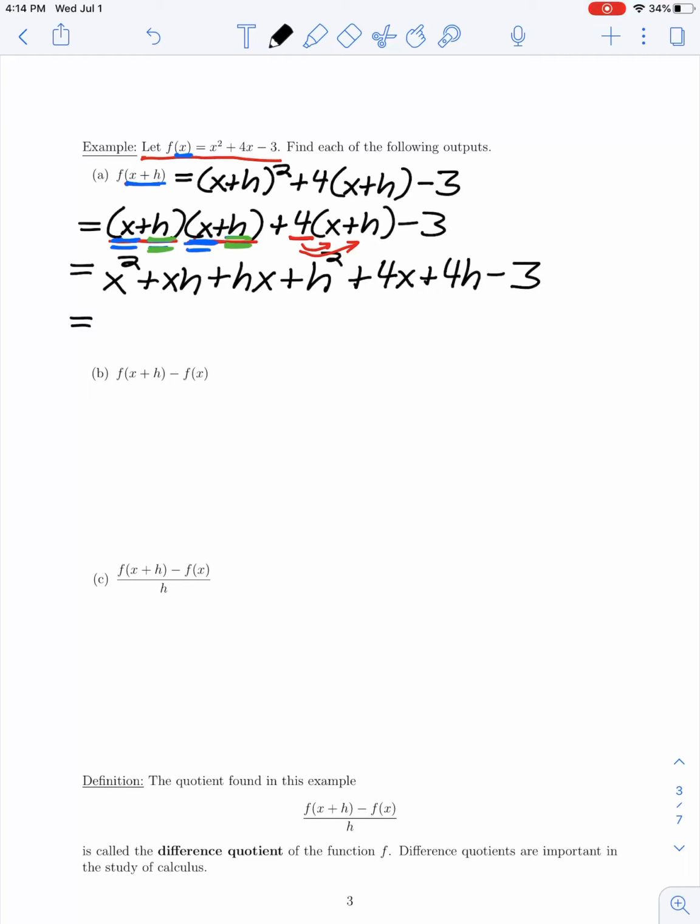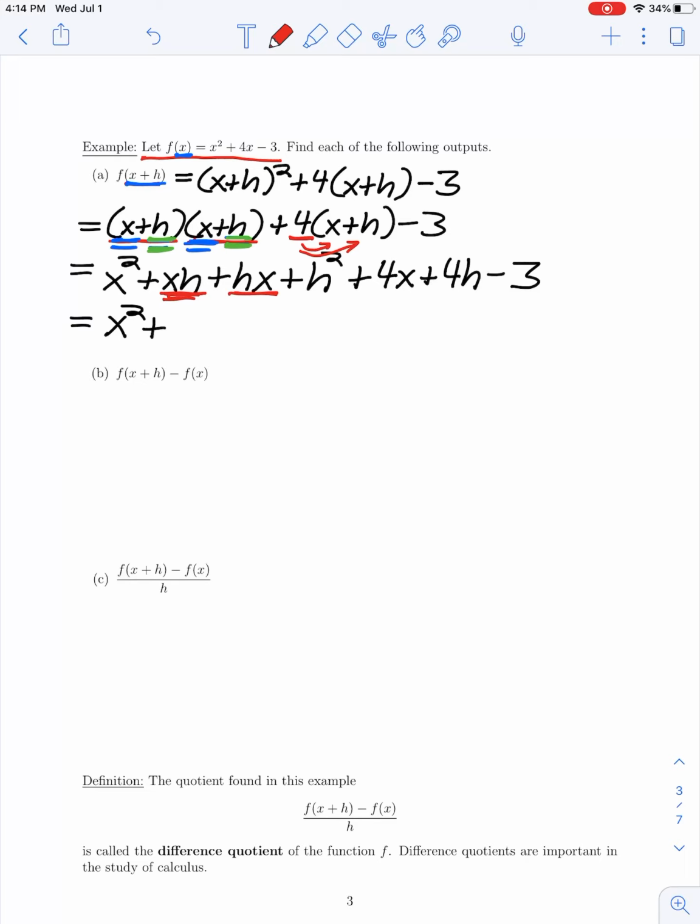So in our last step here, let's keep combining like terms. So we have an x squared plus, now let's look at these next two terms. We have x times h plus h times x. Now remember that the order in which we multiply numbers doesn't matter. X times h and h times x are the exact same thing.